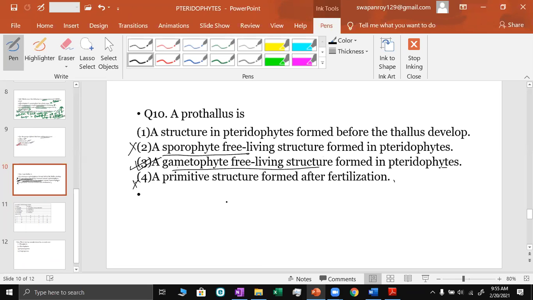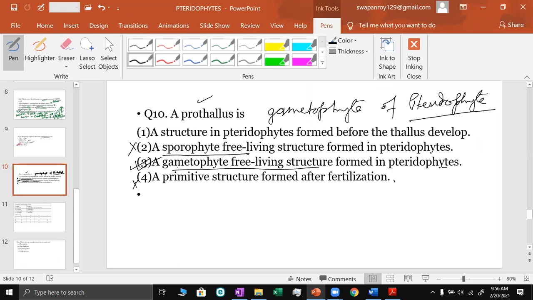Or you can say that the thalloid gametophyte of pteridophyte is called the prothallus.